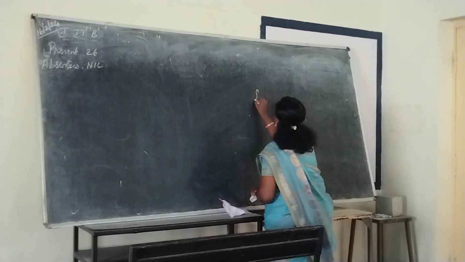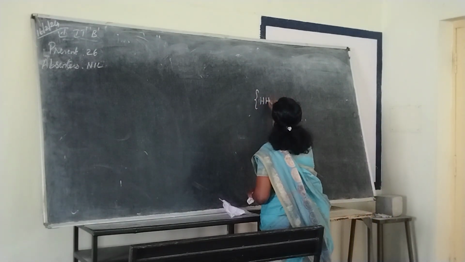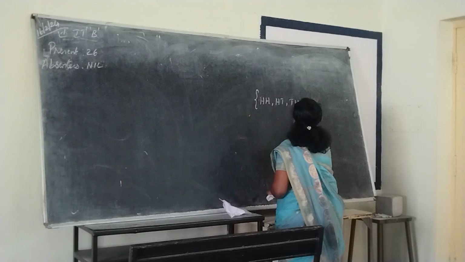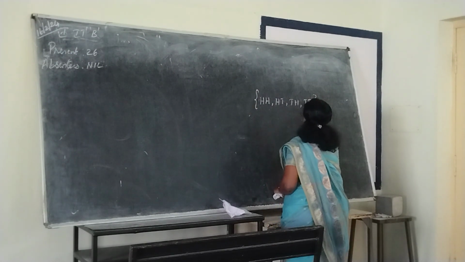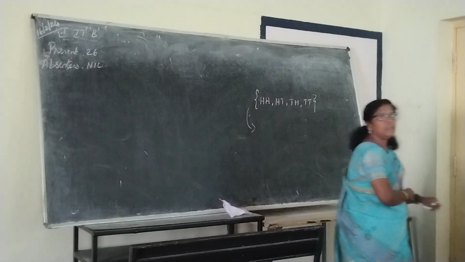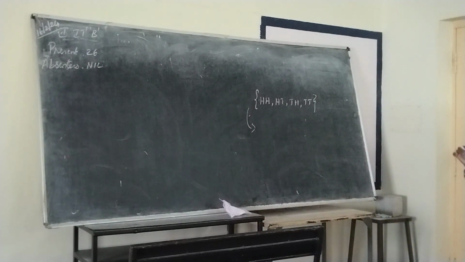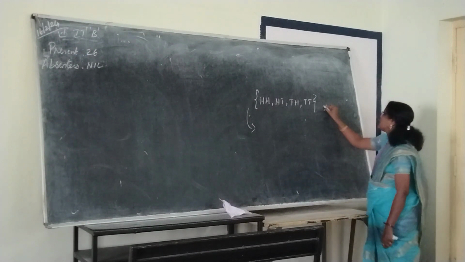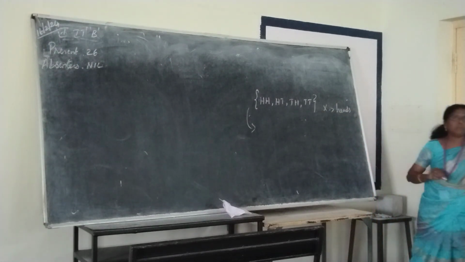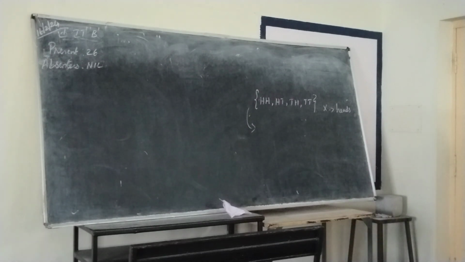Similarly, tossing 2 coins. What are the possible outcomes? Head head, head tail, tail head, and tail tail. Now we are going to convert this into a random variable. Here we introduce X to be the random variable denoting the number of heads. Again, a random variable should be written only in capital letter. So see the first possible outcome.